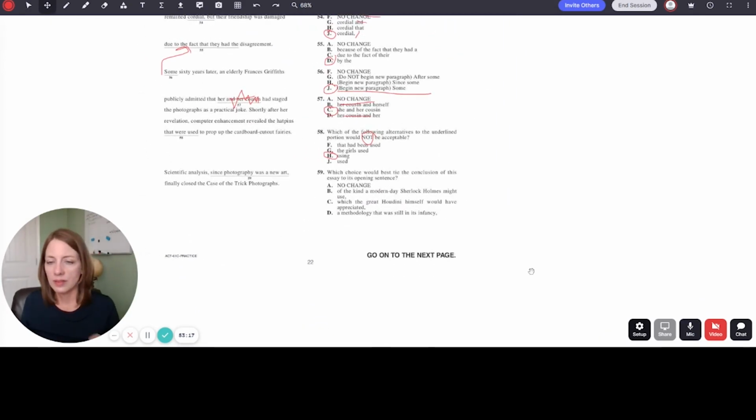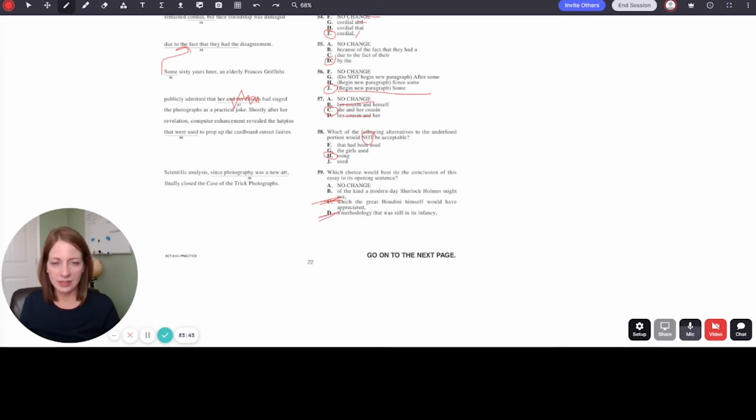So B mentions Sherlock Holmes. C mentions Houdini, so that doesn't circle back around to the opening sentence. We didn't even mention Houdini till halfway through, so we know it's not going to be C. That was still in infancy.